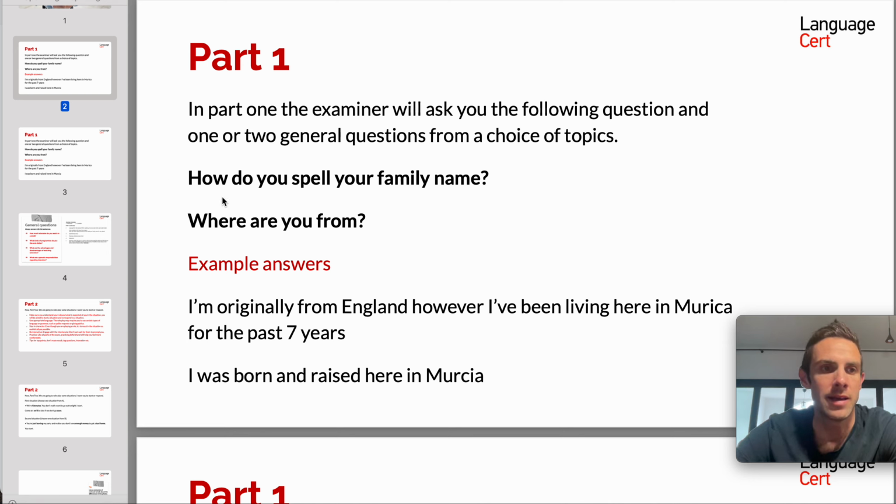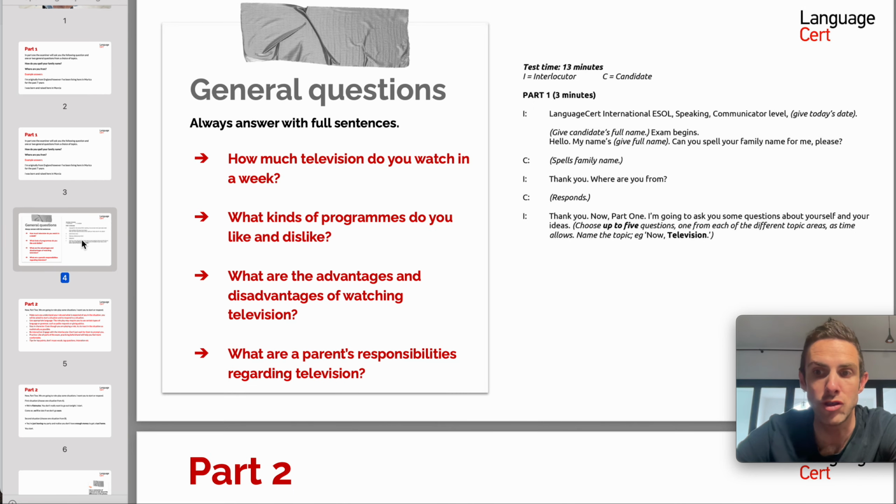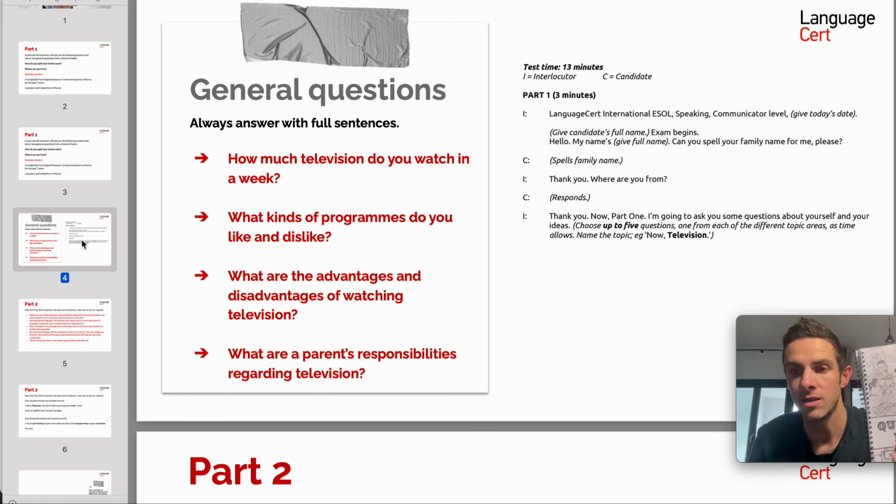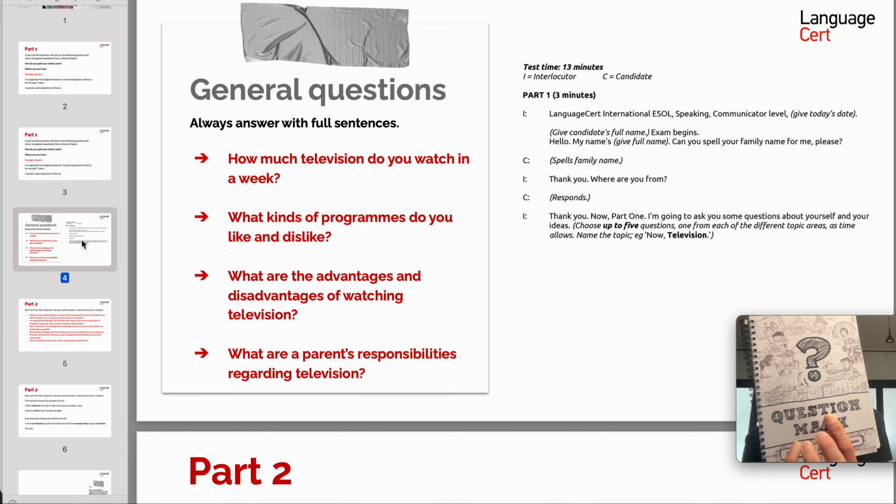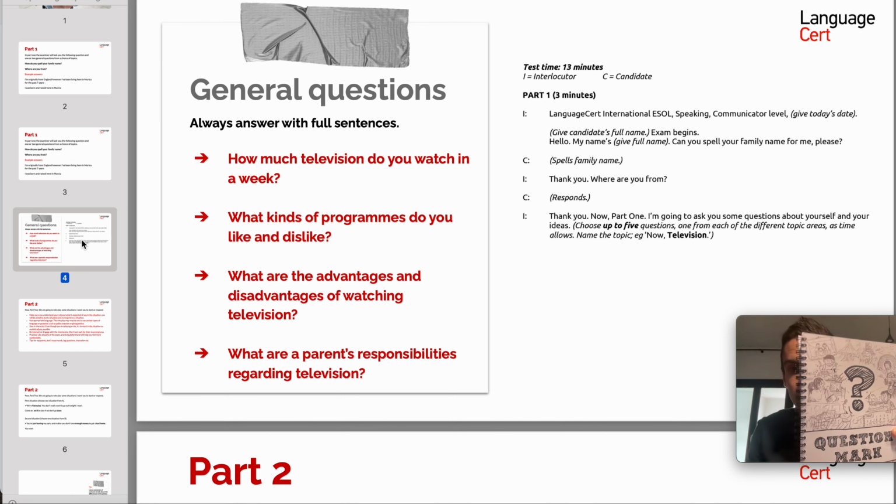Okay? Now, after those first 2 questions, we then get into general questions. Now, you should be practicing general questions on a daily basis. One really good way to practice general questions, I wrote a book. Let's get it in the camera. It's called Question Mark, and you can buy this online.